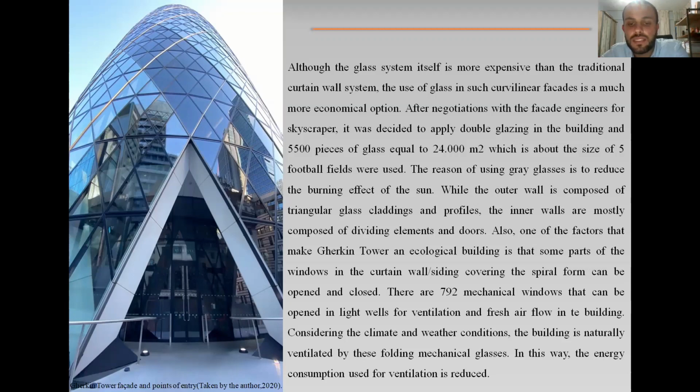Considering the climate and weather conditions, the building is naturally ventilated by these mechanical windows. In this way, the energy consumption through ventilation is reduced.